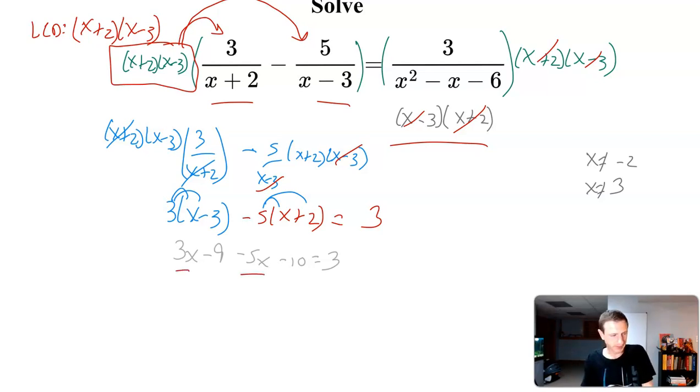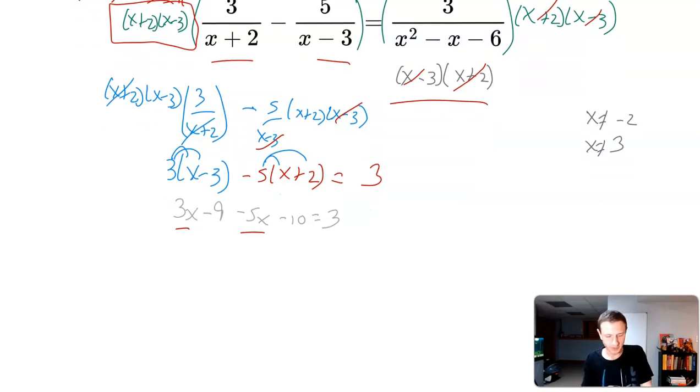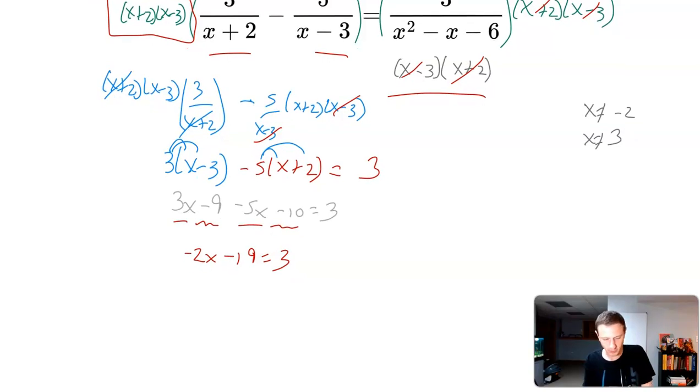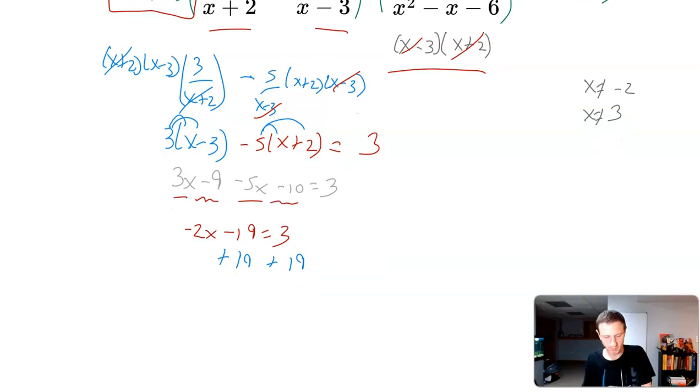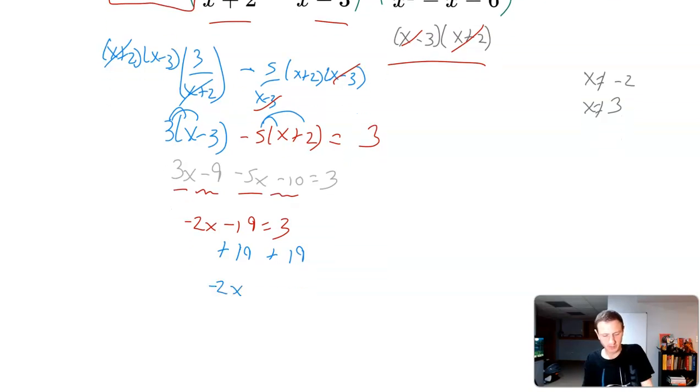3x minus 5x, combining like terms, just solving equations here. 3x minus 5x is negative 2x. Negative 9 minus 10 is negative 19, equal to 3. Solve the equation, add 19. So I get negative 2x equals 3 plus 19, which is 22.